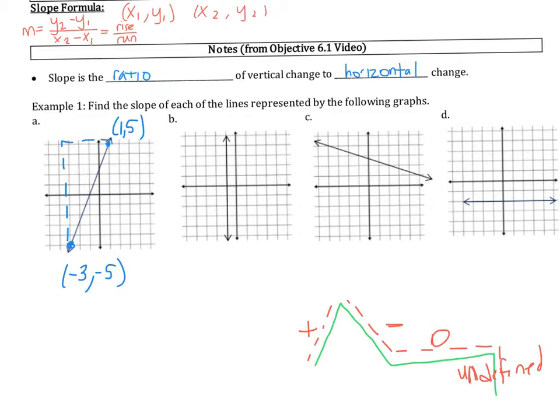So we're just going to count those spaces. 1, 2, 3, 4, 5, 6, 7, 8, 9, 10. And then I'm going to run 1, 2, 3, 4. So rising 10, I'm running 4.